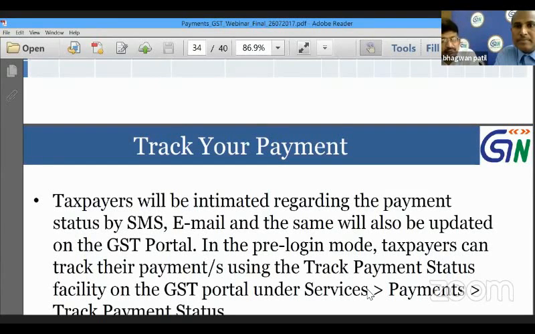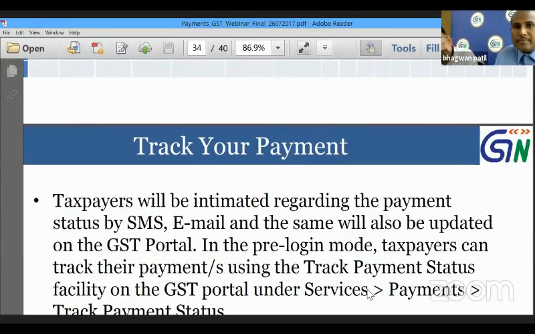In the same fashion, here we are using the word reverse charge. If you are purchasing from an unregistered person, the tax will be borne by you, and you will be utilizing that amount which you have paid on behalf of that supplier or taxpayer.